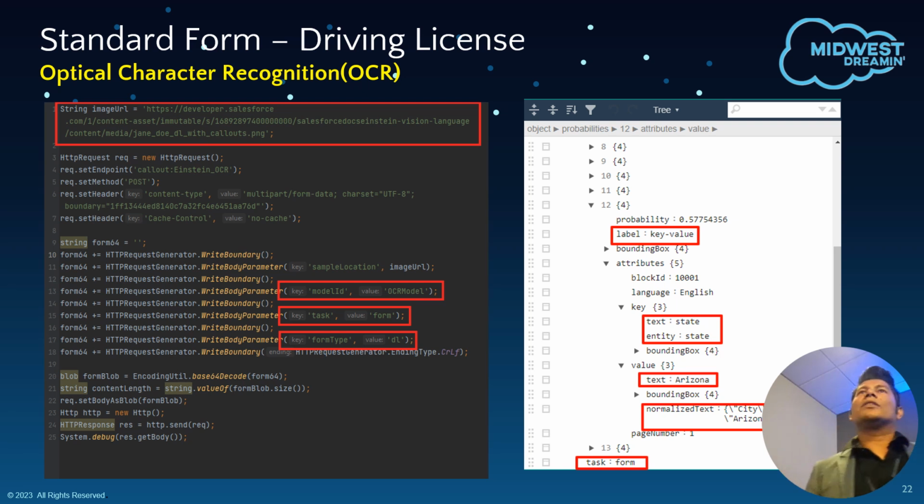For both of them I got the same output, but as per the Salesforce documentation, they tell you to use tablet V2. Then you mention the task as form, and there's one more attribute you can send, which is the form type. Over here we're passing DL, which is driver license. It supports 6 different forms, so you can mention which one you want.